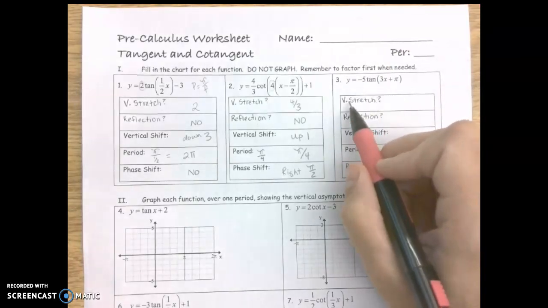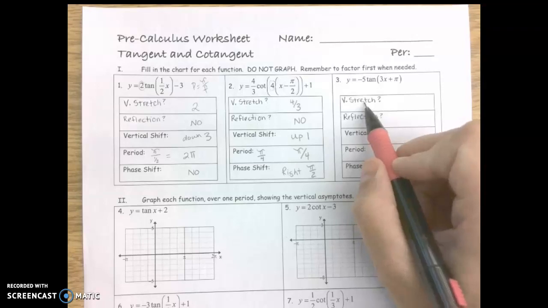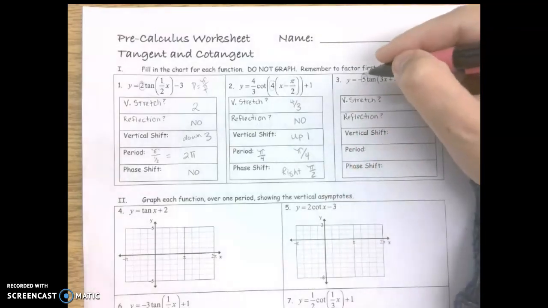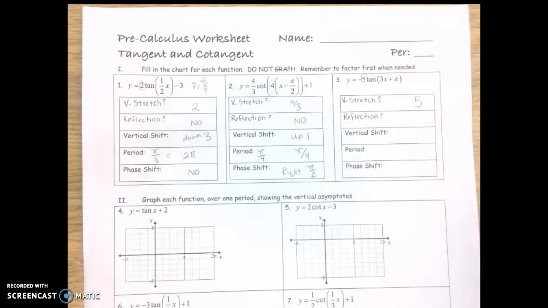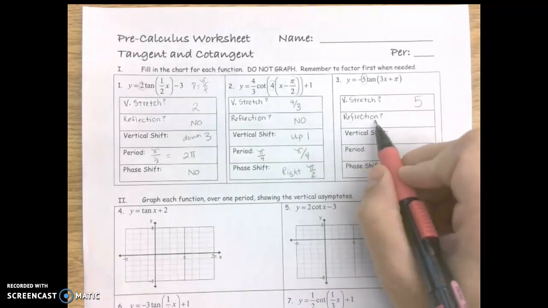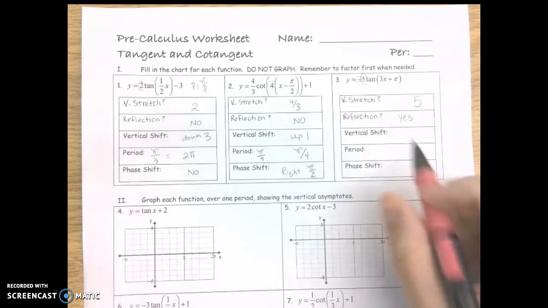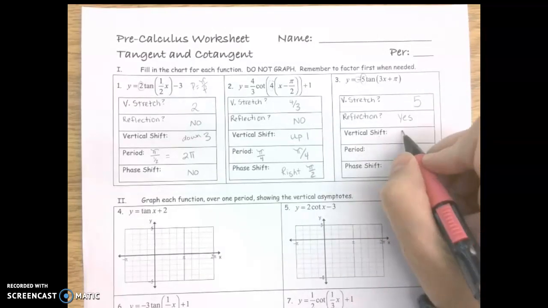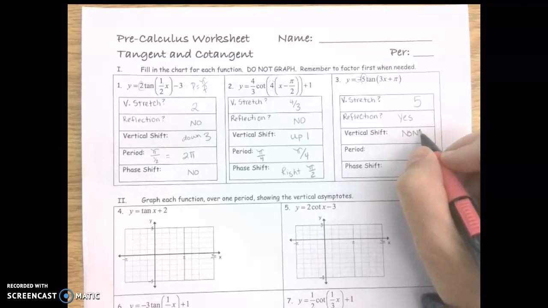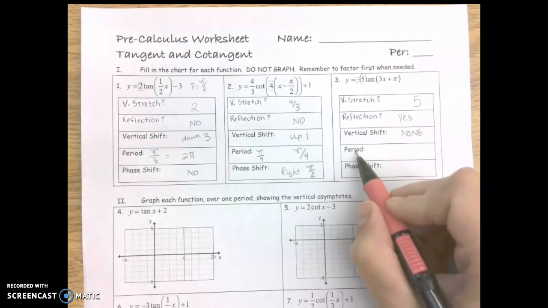Okay, for the next one, number 3, what is the vertical stretch? It is 5, not negative 5, just 5. Is there a reflection? Yes, there is a negative. The vertical shift, well, there is none. And what is the period?